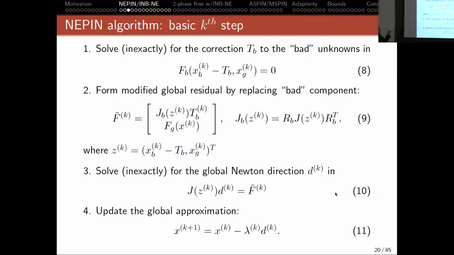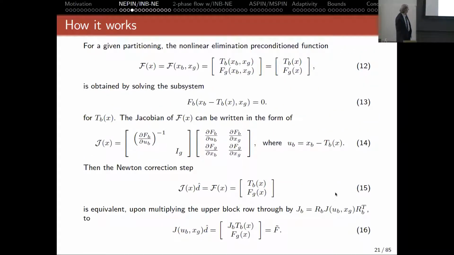And the scaling is just the section of the original Jacobian that corresponds to the bad unknowns. And then you feed that into a standard Newton method, except that the right-hand side is changed, and take a corrected update. Very often that lambda can be 1 after we've done preconditioning.